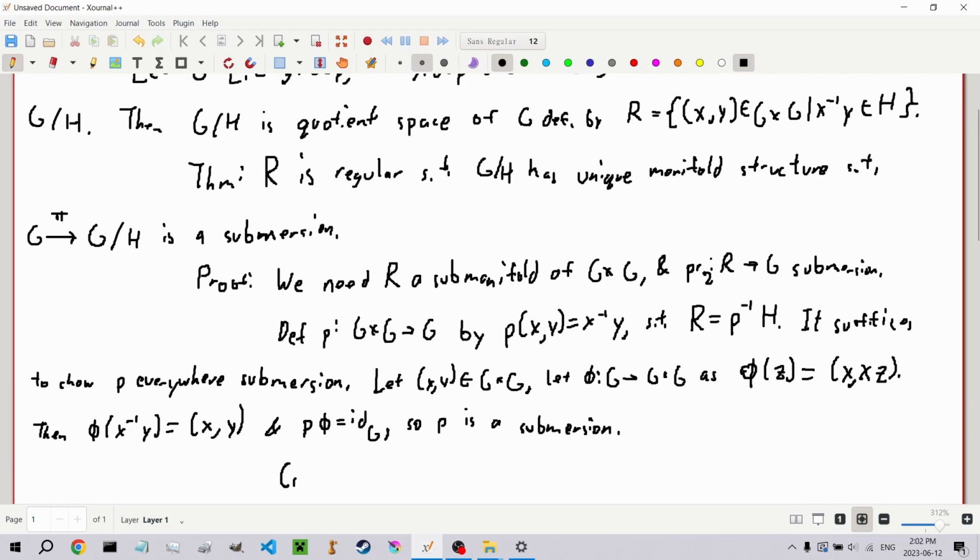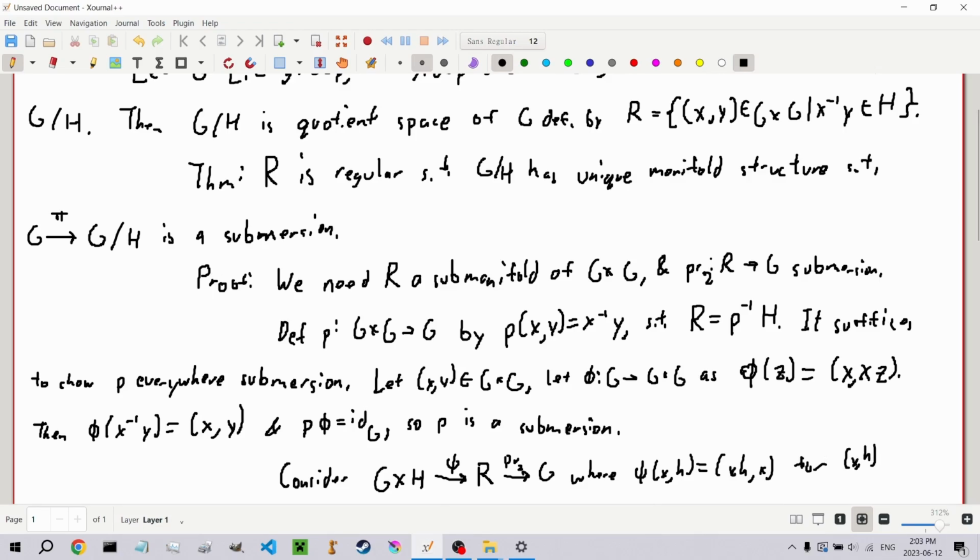So now we consider the composition from G times H by phi to R, by our second projection to G, where psi of x comma h is equal to xh comma x, for of course x, h being inside G times H, which you can tell just by our composition diagrams are in the left.